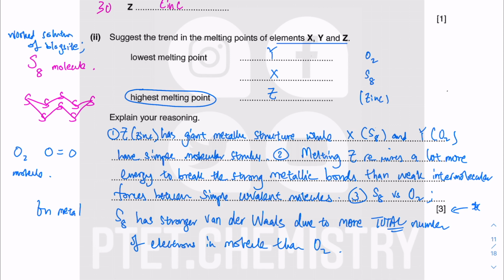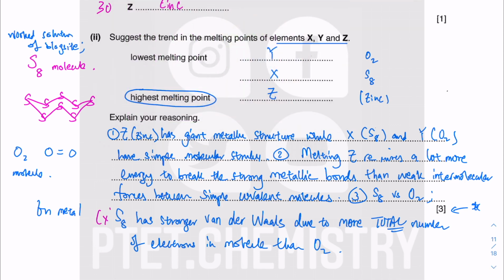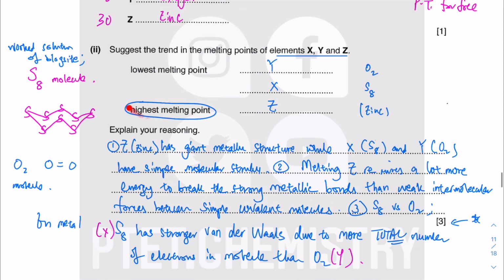Okay, so S8 is actually X, and O2 is actually Y. So these things between the S8 molecule and another S8 molecule, those are van der Waals.